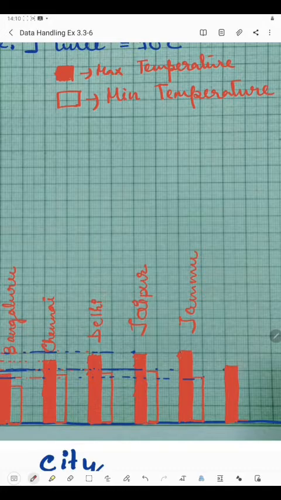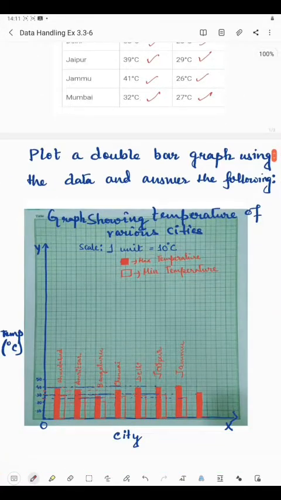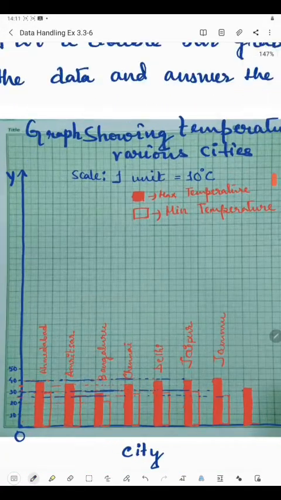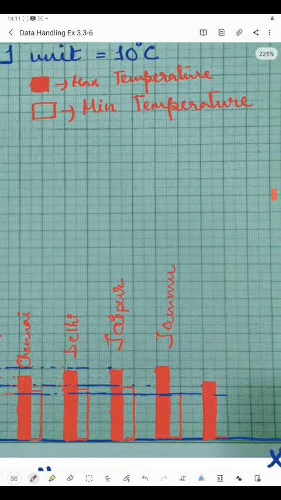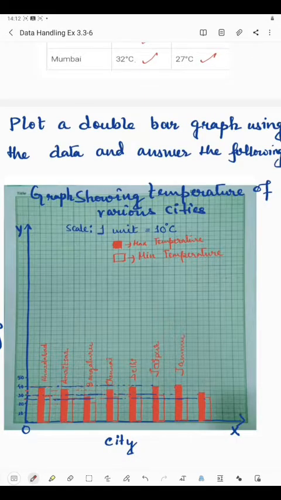Now another 5 boxes represent the minimum temperature of Mumbai, and the minimum temperature is 27. Now where is 27? Here is 25, right? Between 20 and 30. Here is 25. So 2 boxes more than this. So it will be here. Okay. So this bar represents the temperature in Mumbai.